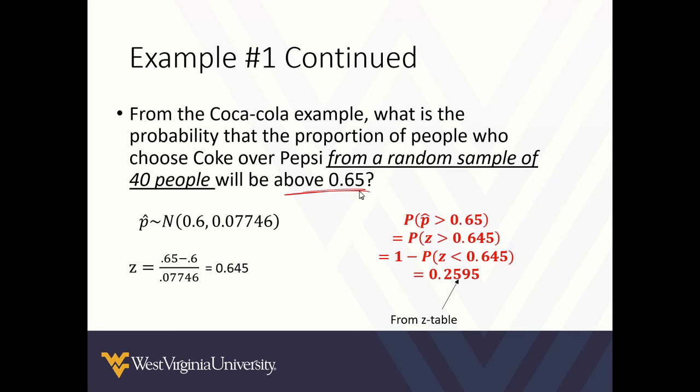And then from our z-table, we can see that that's going to be 0.2595. So going back to our question, what is the probability that the proportion of people who choose Coke over Pepsi will be above 65% when it's a sample of 40 people? The answer, 25.95%.